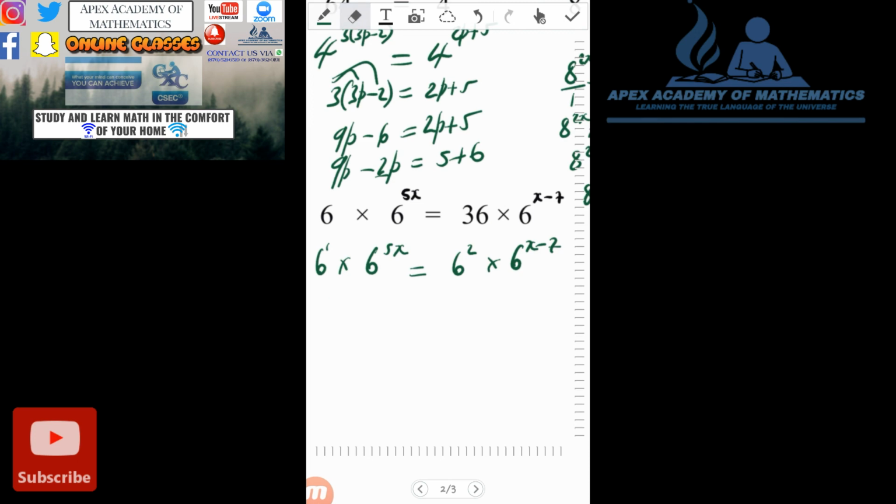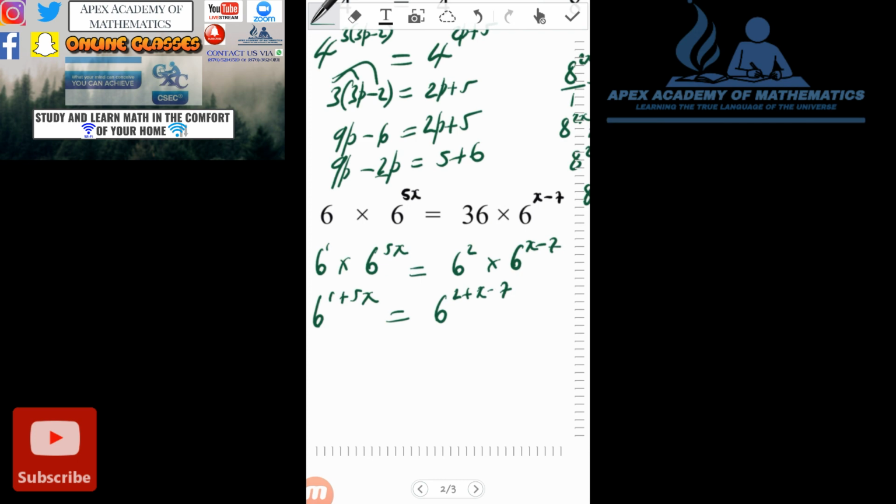Remember guys, 1 plus 5x is not 6x. 1 plus 5x is equivalent to 1 plus 5x. Okay, here we have the same base again, multiplication property, so 6 to the 2 plus x minus 7.